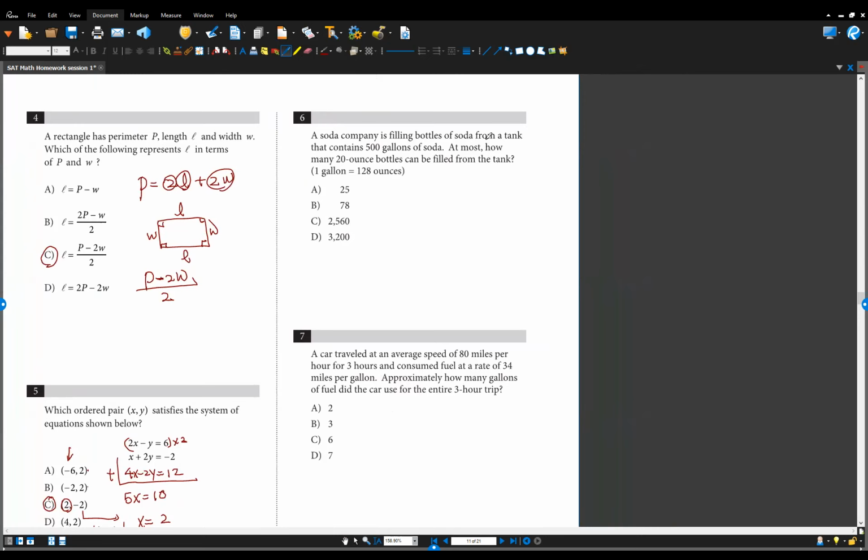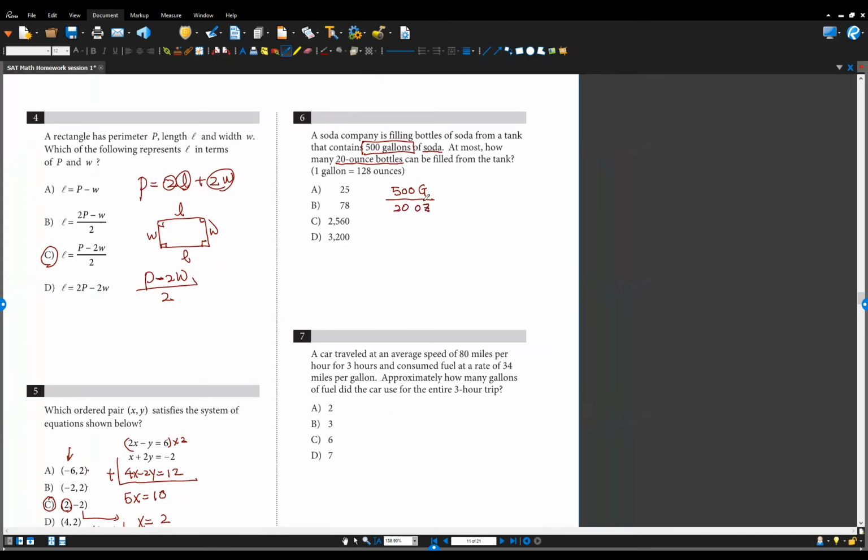Filling bottles of soda from a tank that contains 500 gallons of soda. Each bottle is 20 ounces. So 500 gallons divided by 20 ounces per bottle.